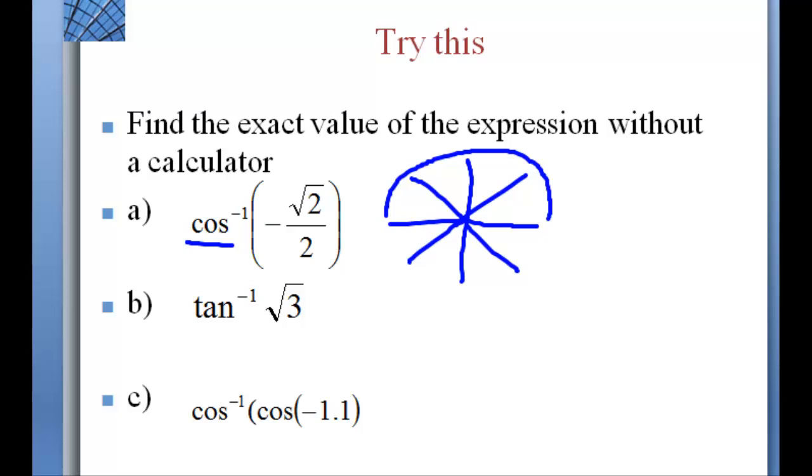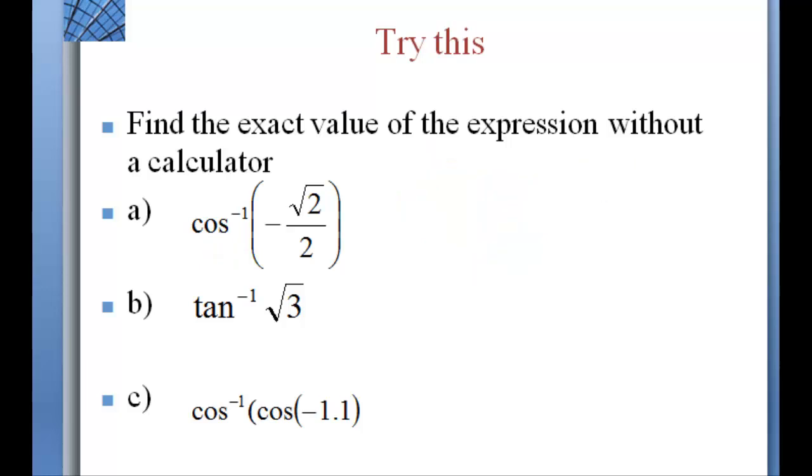Cosine is from the x value, so where is the x value negative? It's going to be in quadrant 2. So this is going to be 45 and 90, so this is 135 degrees. Or this is pi over 4, 1/4, 2/4, 3/4, 3 pi over 4.